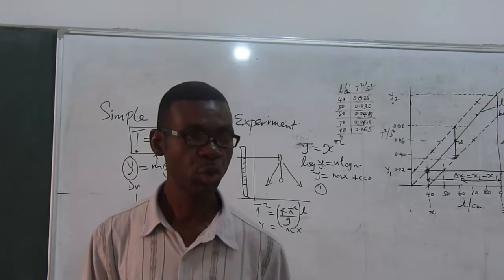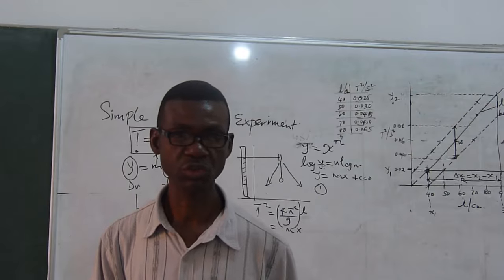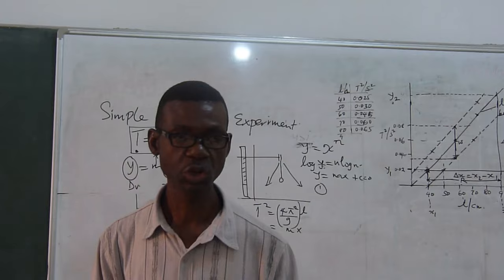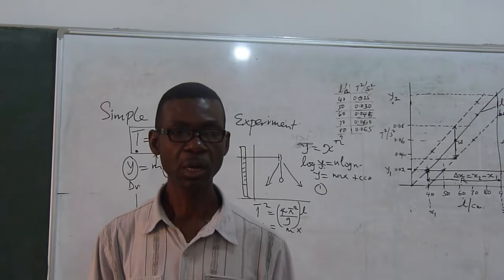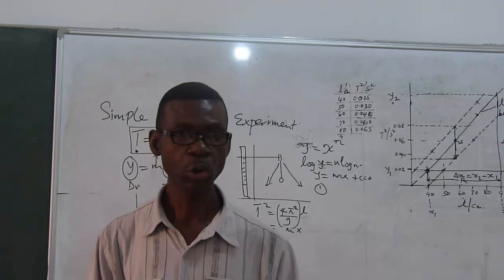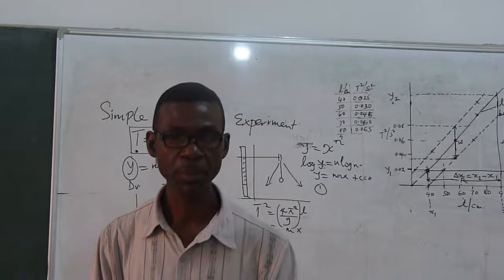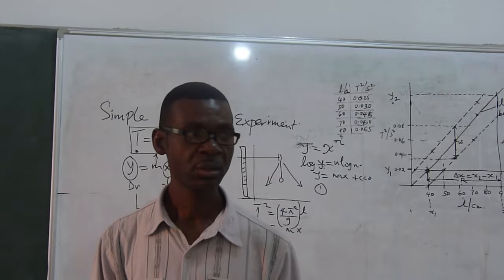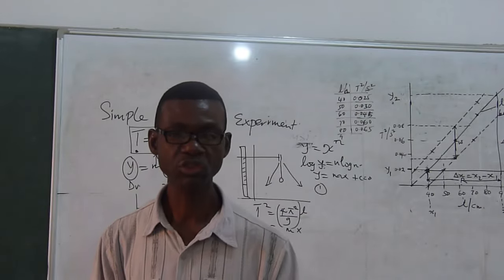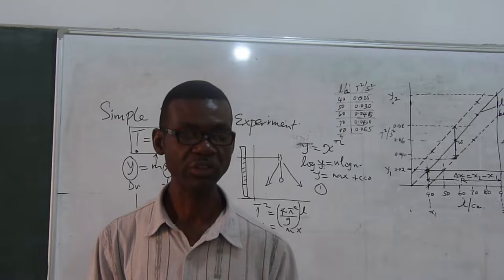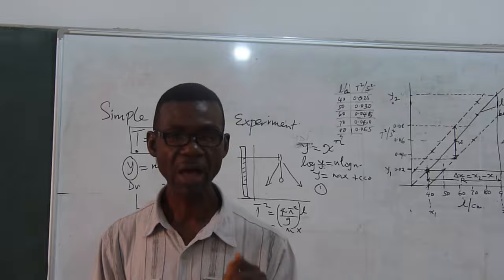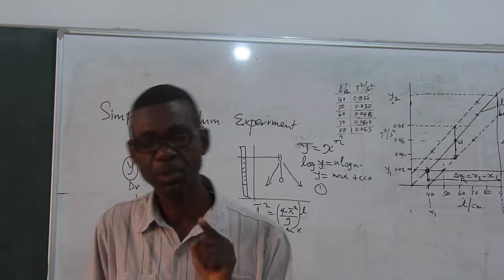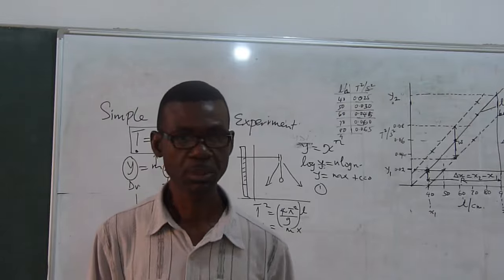Then secondly, you must have a set of instructions, or what we call procedure. The procedures are the step-by-step stages or actions you must perform in arranging the equipment or apparatus such that you will be able to achieve your aim. So it means that when you come to perform the experiment, there must be an aim.